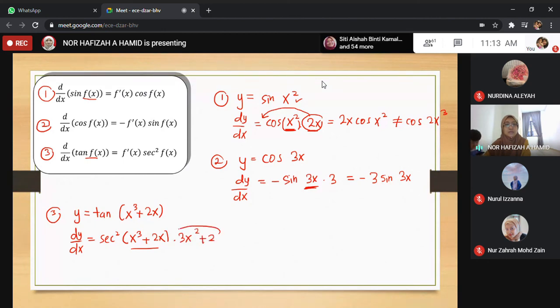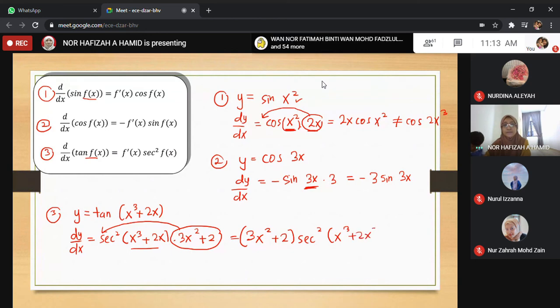So 3x square plus 2 you transfer to the front, so equal to 3x square plus 2, and you have secant square x cube plus 2x. Okay, so this is the answer for formula number 3.